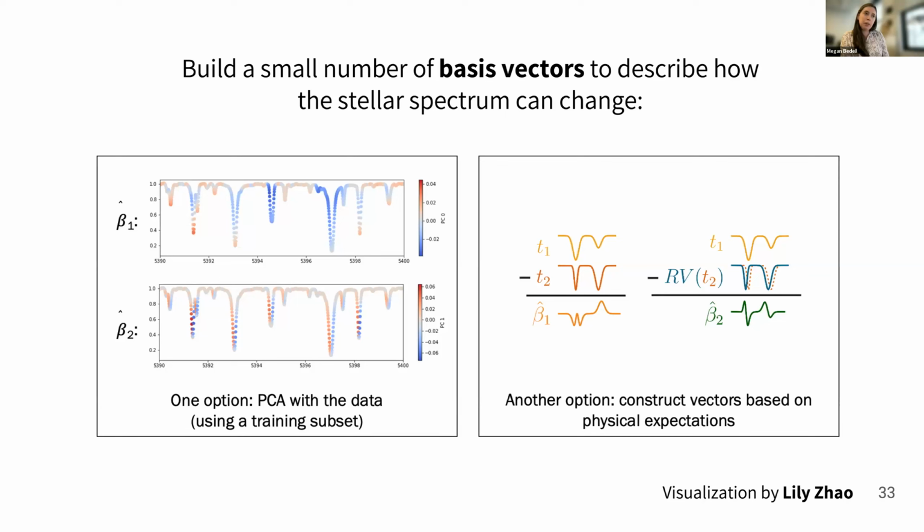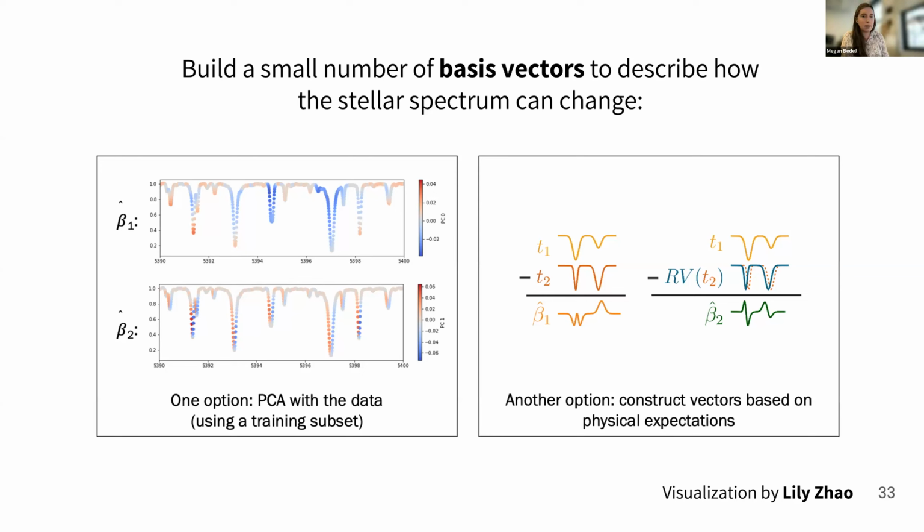Another option would be to get a little bit more theory-driven. We could construct vectors based on our physical expectations by doing things like, in this example of the cartoon, taking a theoretically motivated spot spectrum or the Wallace Atlas and calculating the difference between that spectrum and the quiet spectrum, and the difference between the Doppler shifted spectrum and the quiet spectrum, and taking those as our basis vectors.